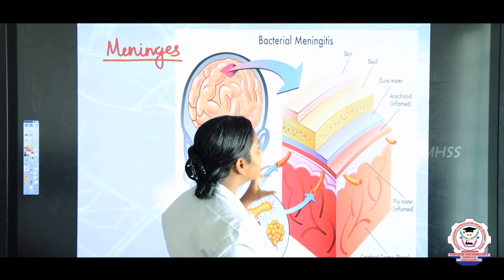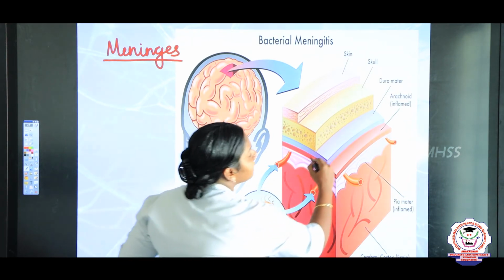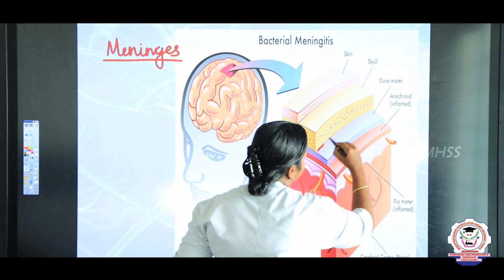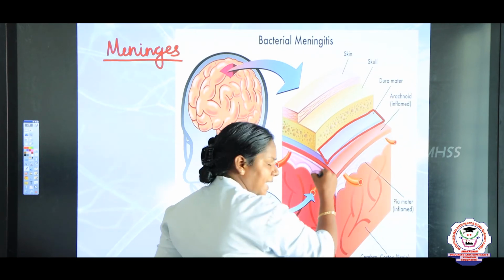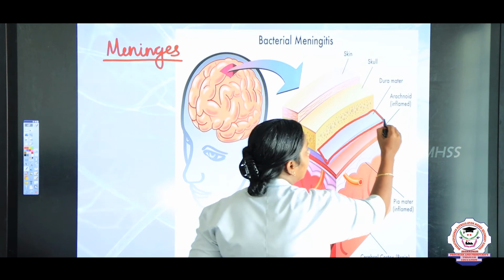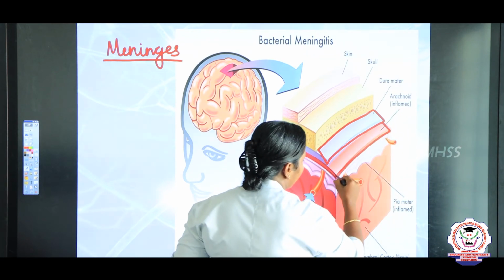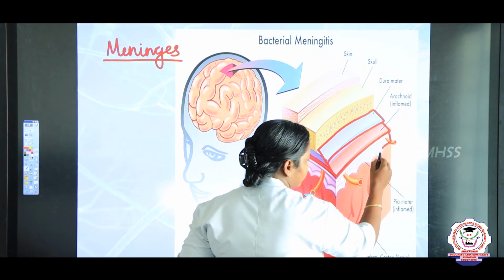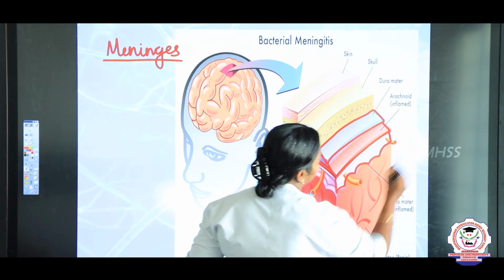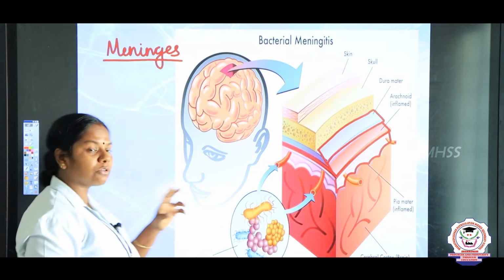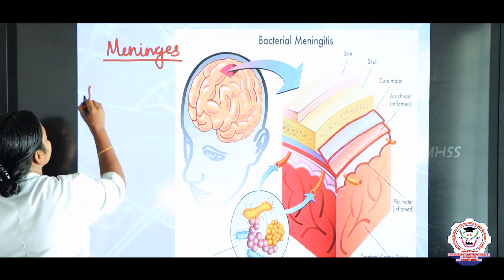For example, the first one is a dura mater. Next, the middle membrane is the arachnoid membrane, and the innermost is the pia mater. So now what is the outermost membrane, children? Dura mater.